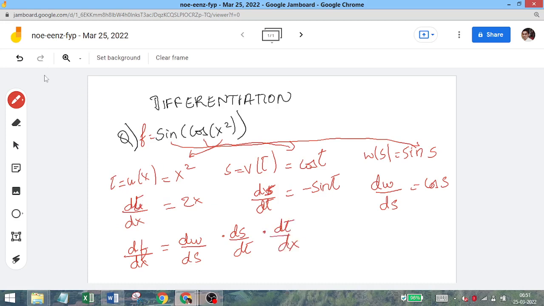So overall, everything in the numerator gets cancelled except the first term.